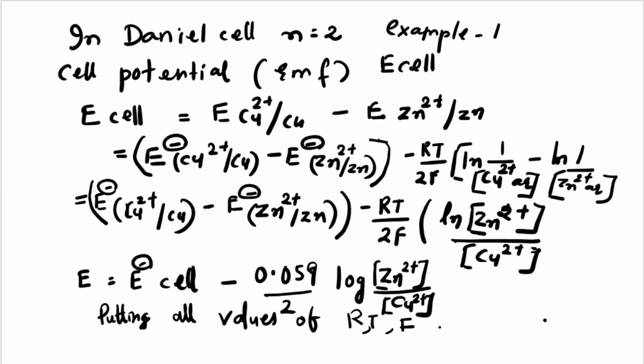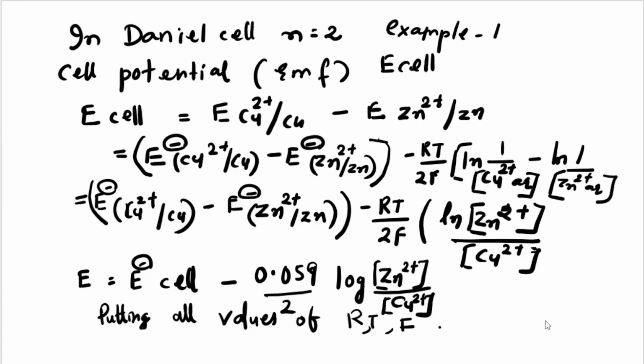In the Daniel cell, n is 2, and you will calculate the EMF of the cell. So what will you do? Cathode minus anode. For the cathode you write a long equation minus another equation.